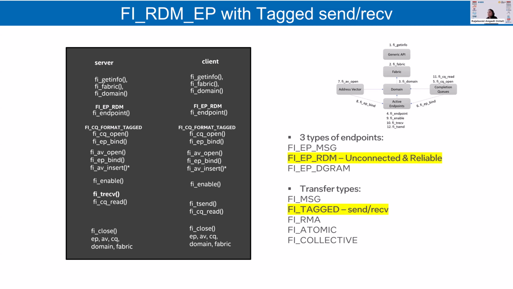This is an example showing tagged messages. Again, we are using the RDM endpoint here, which provides reliability. So where do we need tagged messages? If we have multiple operations or multiple collectives happening at the same time, then tagging the messages will be helpful to identify the messages we are interested in.